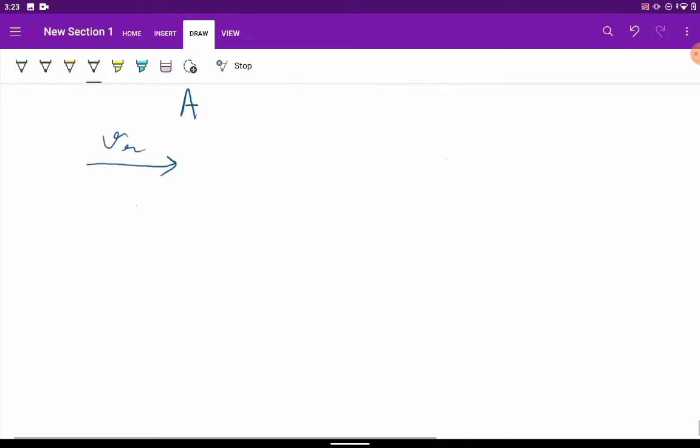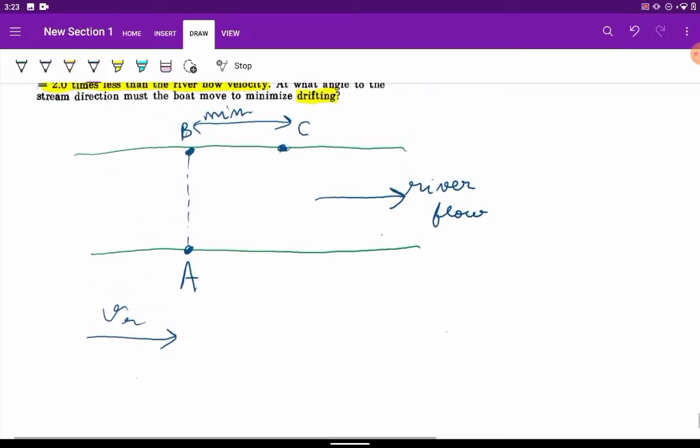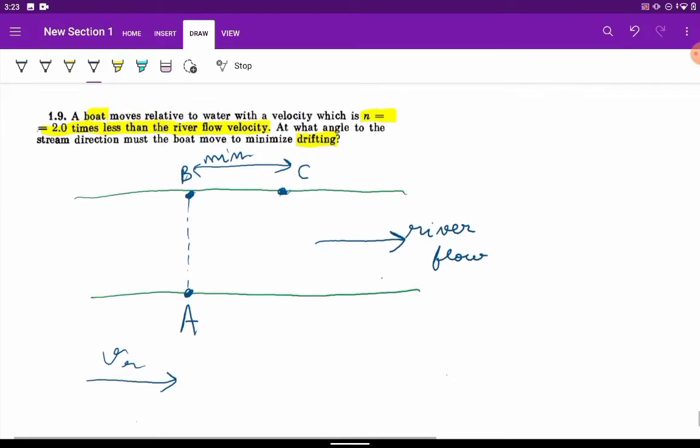Now obviously, the boat has to move in this direction, so it has to have a component which is opposite to the river flow so that the drift is minimized.